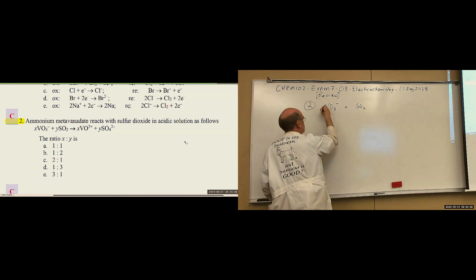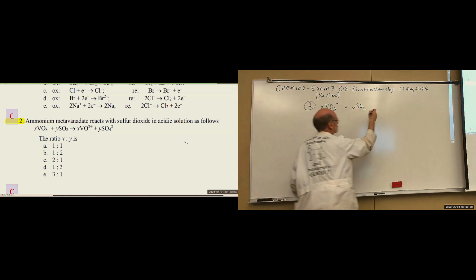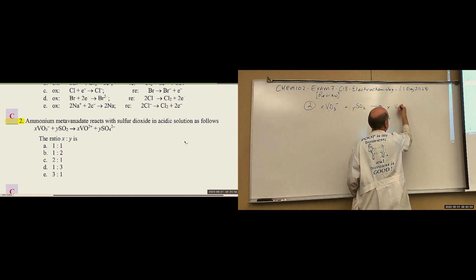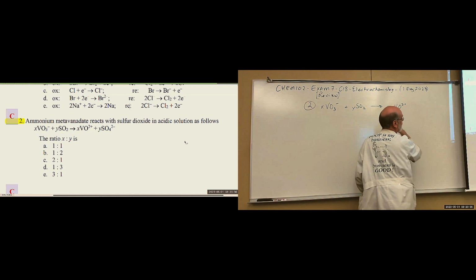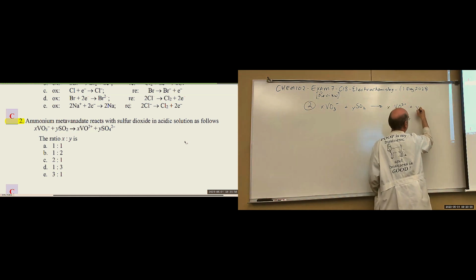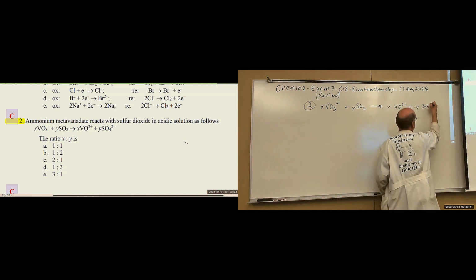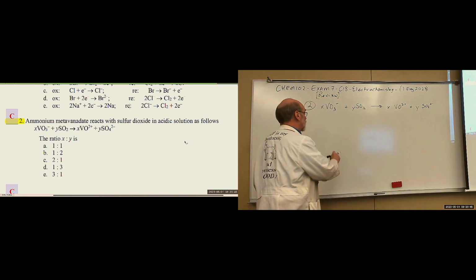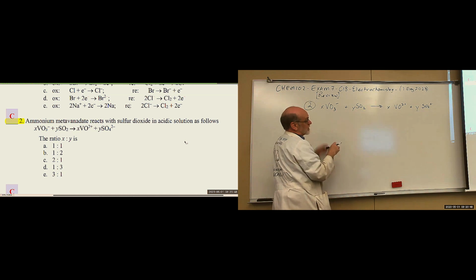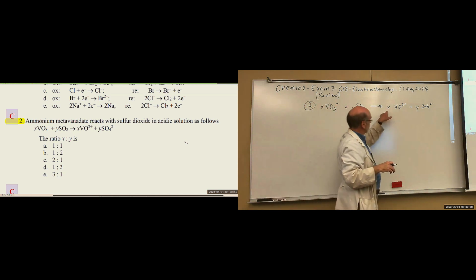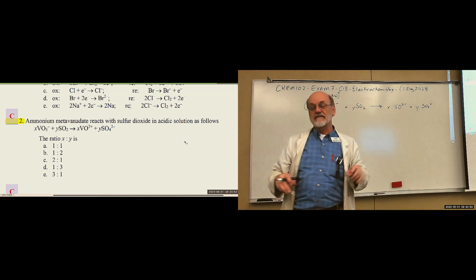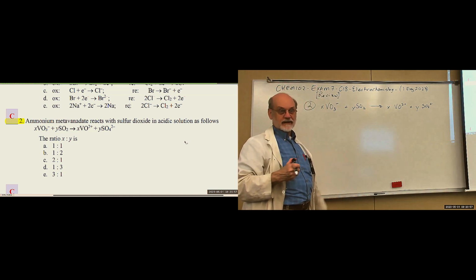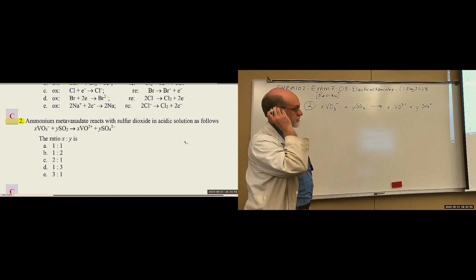And they put a coefficient here, X and Y. And another X here for VO2 2+, and Y SO4 2-. Okay, we want to know the ratio of X to Y, right? Since they've got X here and Y there and X here and Y there, they're telling us that they should be the same values, right?